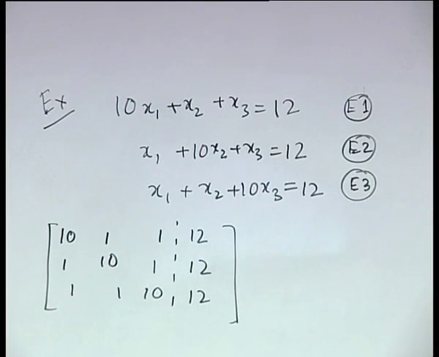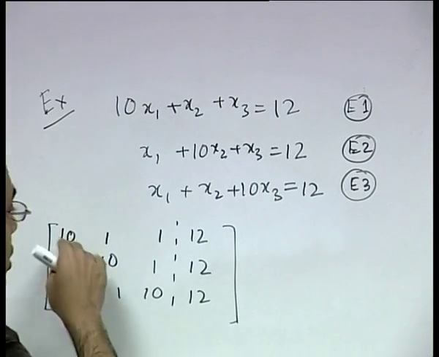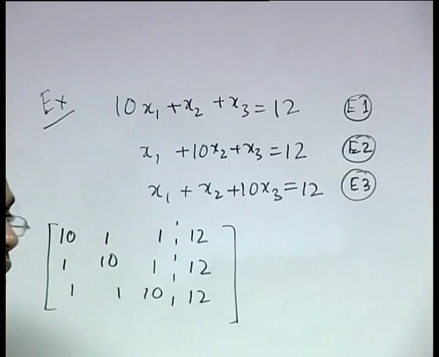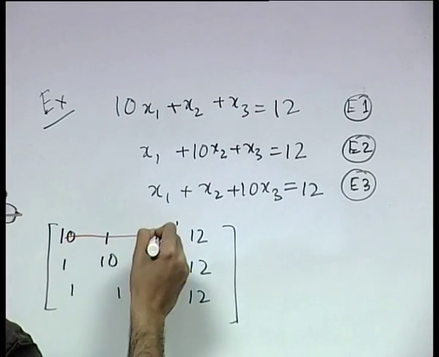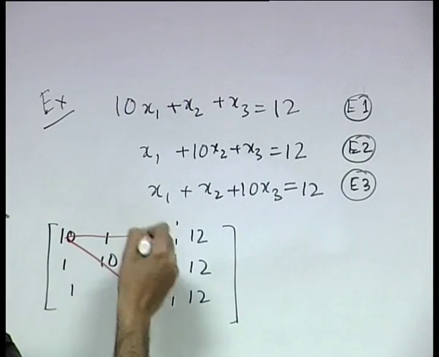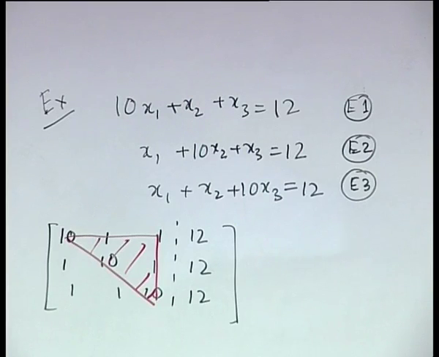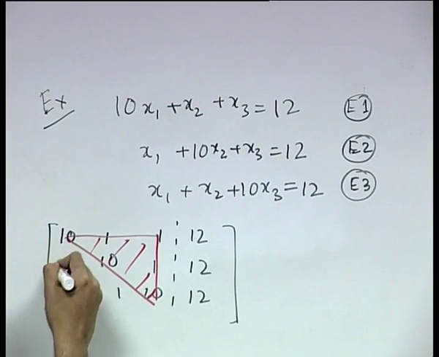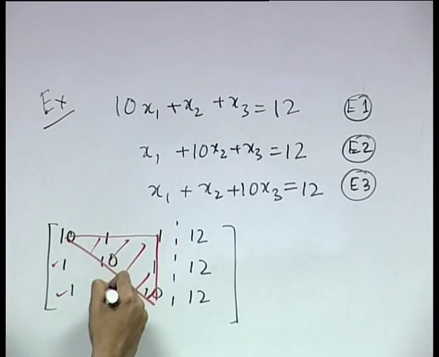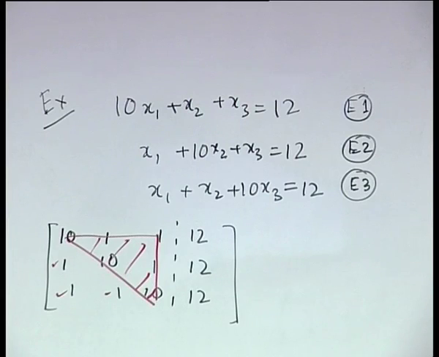Now, as we discussed in the previous lecture, our objective will be to convert this coefficient matrix into an upper triangular matrix. So, we want to have non-zero terms only within this portion, but not below that. All the terms below that should be eliminated and converted to 0.